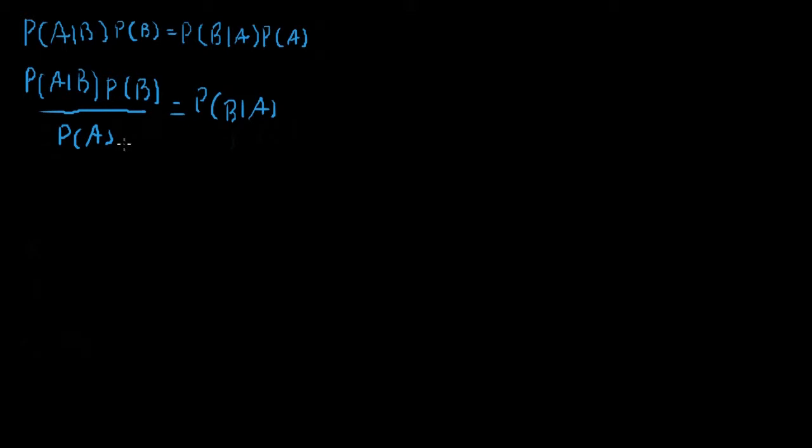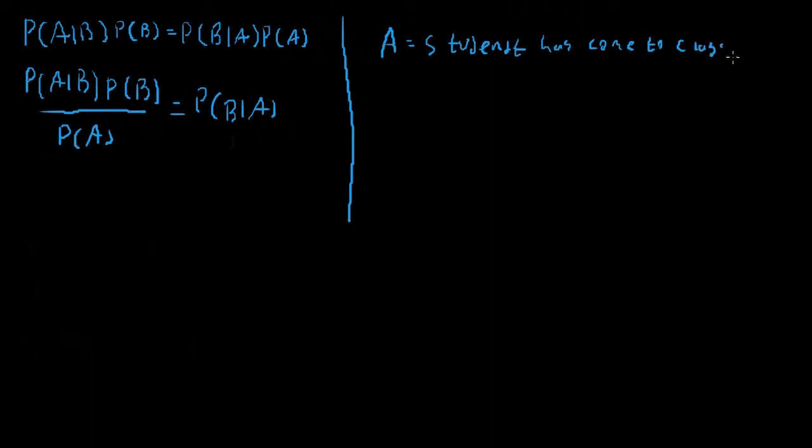So now let's do a problem with this to make sure that it's clear. All right. Let A be the event that a student has ever come to class hungover.